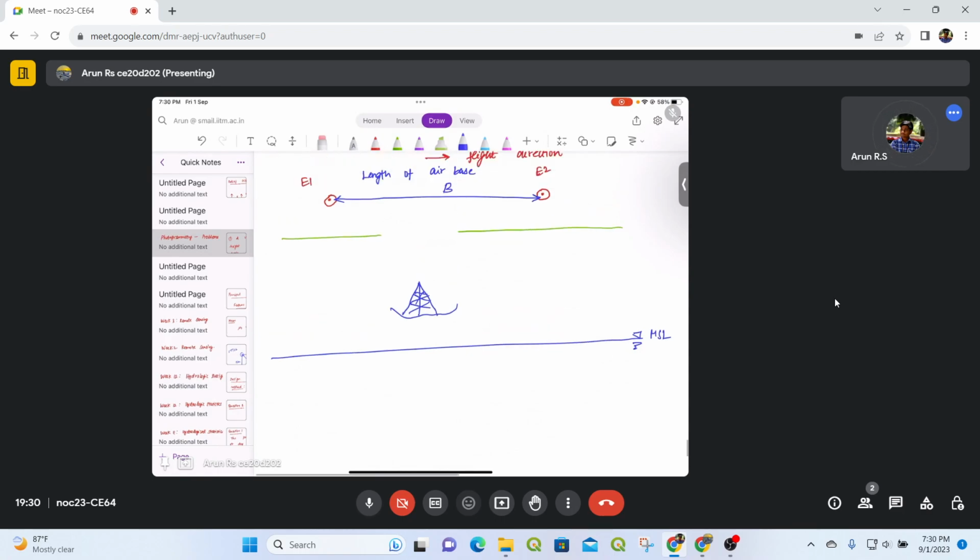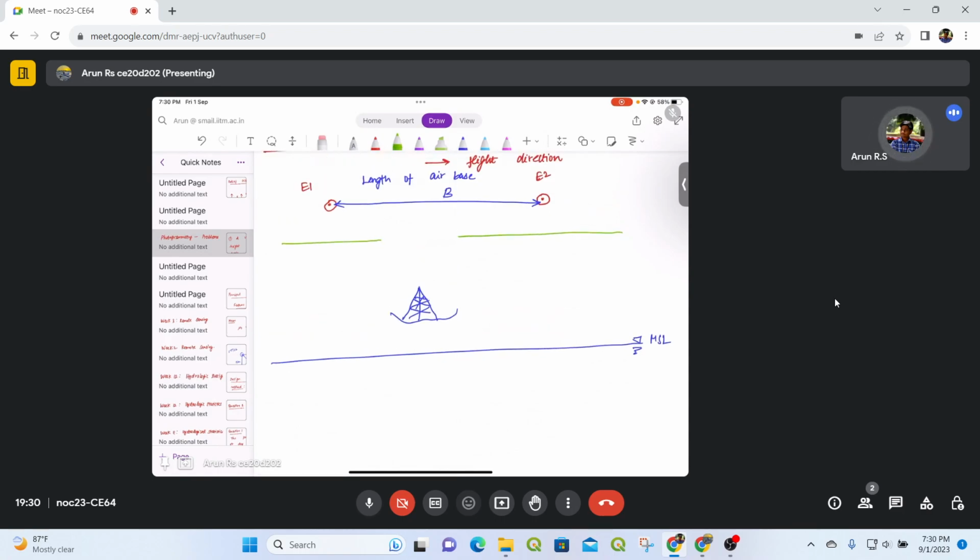Now let's mark the relevant factors. This is your capital F, this is your capital height H, this is the height with respect to the bottom, and this is the height of the tower with respect to the top of the tower.